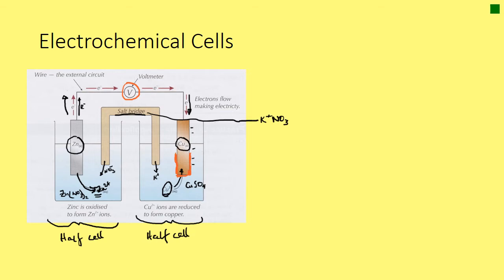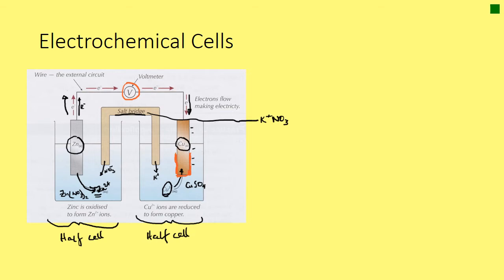And they also need to be connected by a wire through which the electrons will travel. And then the two solutions also need to be connected by what's called a salt bridge, which allows the charge to stay neutral. So let's have a look at a representation of a copper-nickel electrochemical cell.